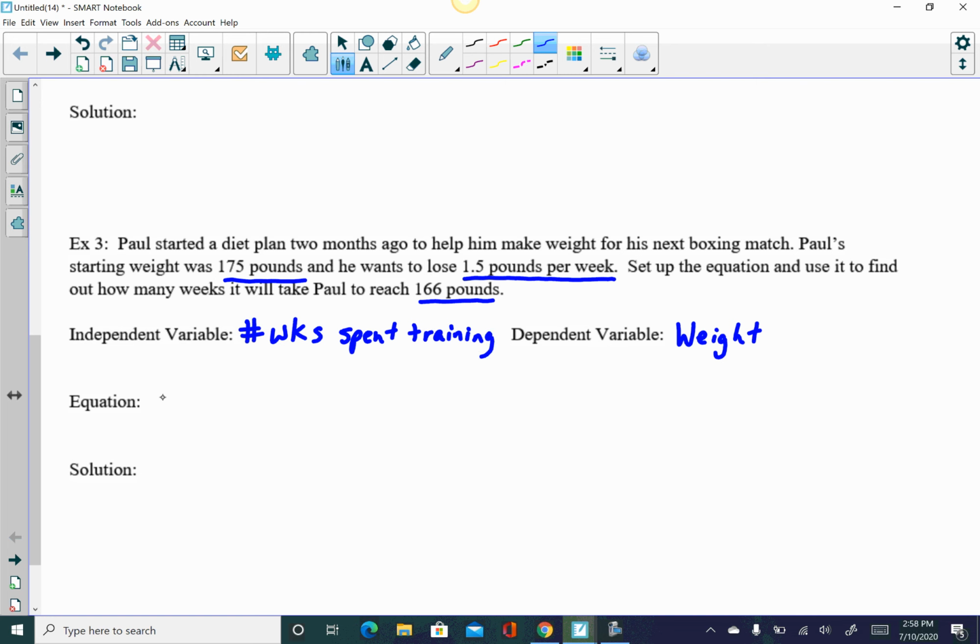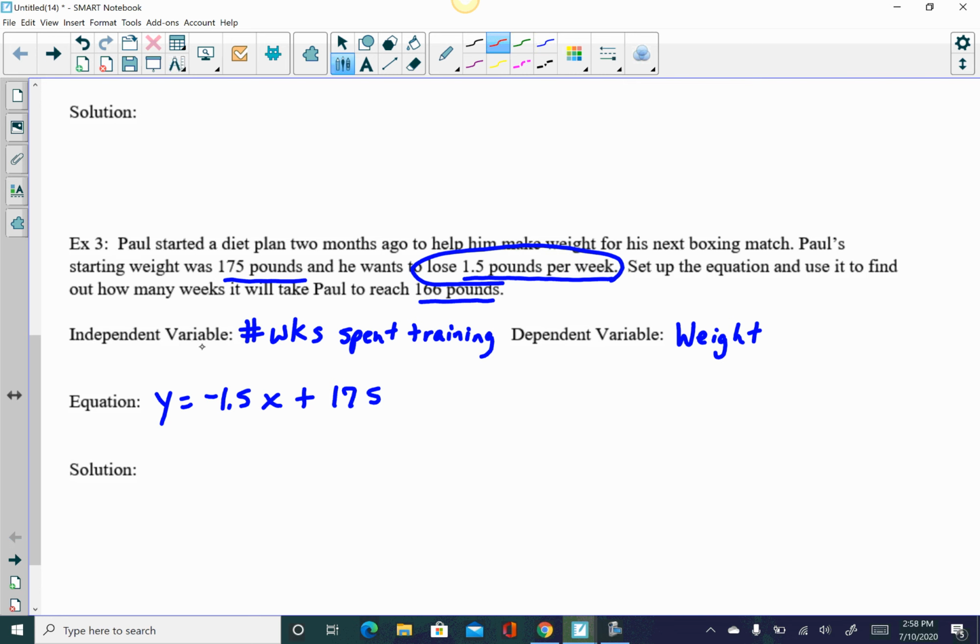Okay, so now my equation, y equals my slope. This time, remember that's how much it's changing by each unit of time. Here we are losing 1.5 pounds per week, so my 1.5 is going to be negative, plus his starting weight, right? That would be your y-intercept, and he started at 175, so that would be my equation.